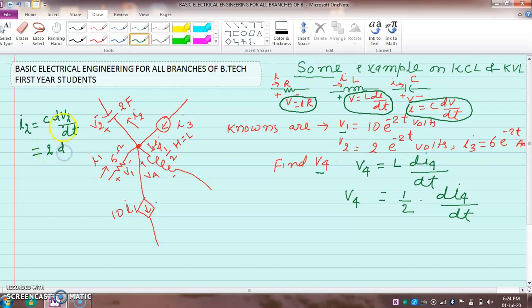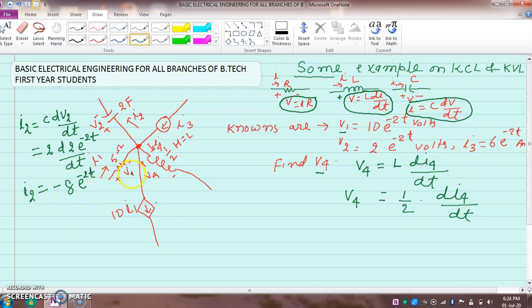V2 is given as 2 e to the power minus 2t. If you differentiate, 2 will come outside and this minus 2 also, so it gives minus 8 e to the power minus 2t. So I2 is calculated.